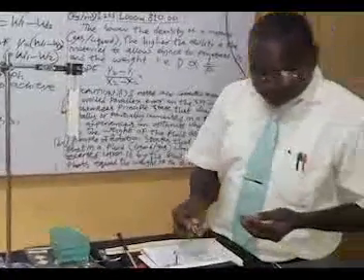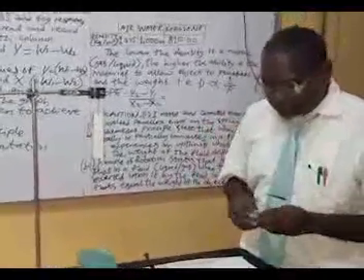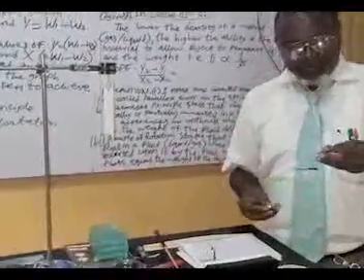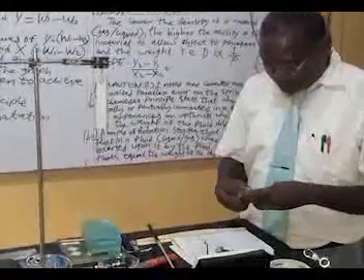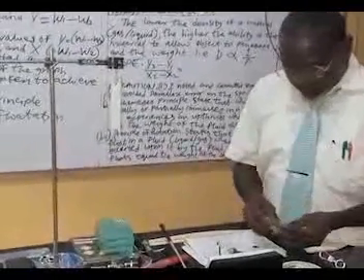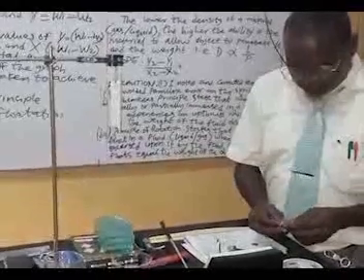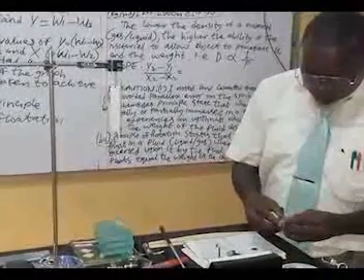These are 20 gram masses, and these are 5 gram masses. So let's start with 20 gram as pointed out in the experiment.